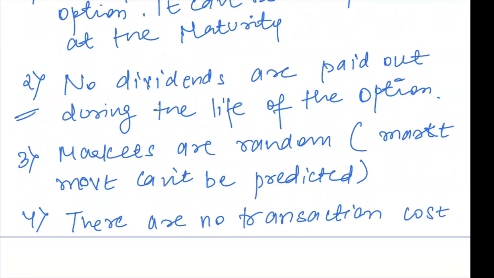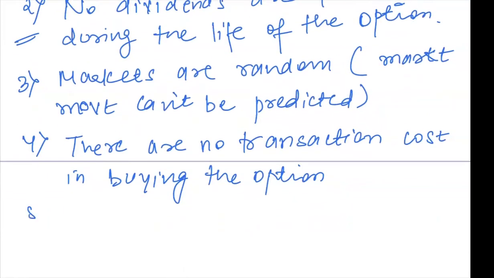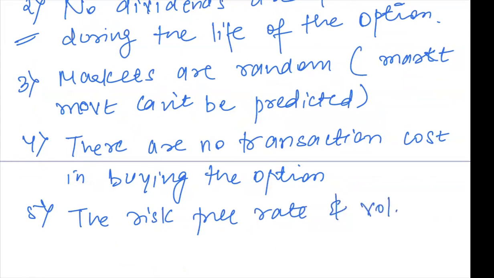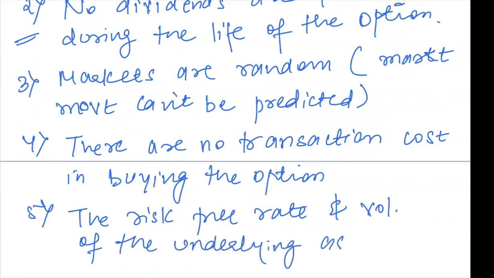There are no transaction costs in buying the option. Okay. Fifth is the risk-free rate and volatility of the underlying asset are known and constant.